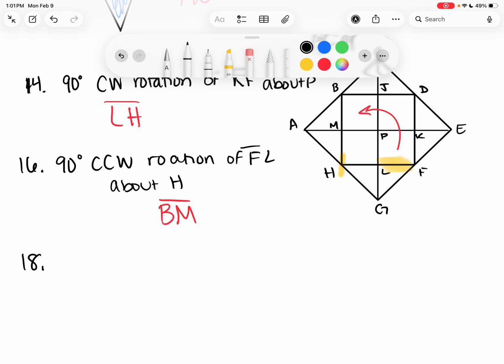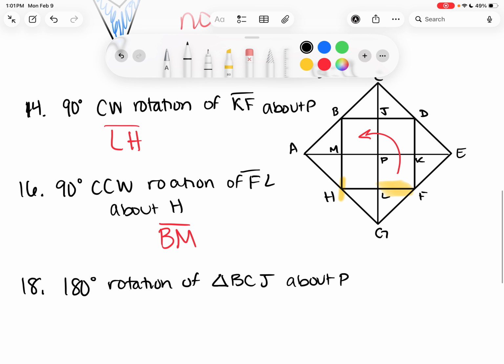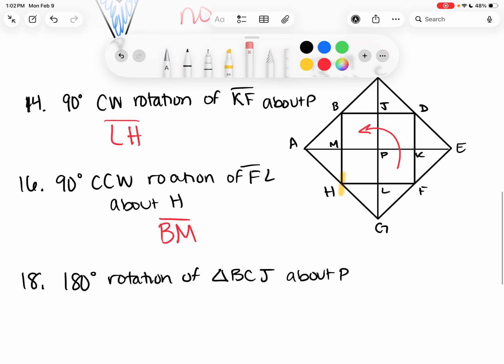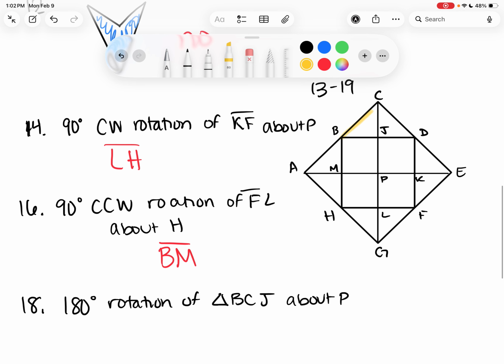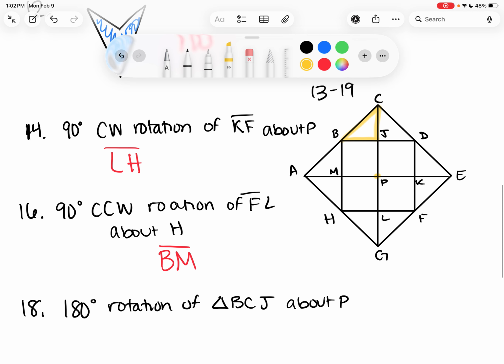18. A 180 degree rotation of triangle BCJ about P. FGL. So let's see, where's C? Oh, there it is. So BCJ is right here, and we're about point P, and it's 180 degrees.